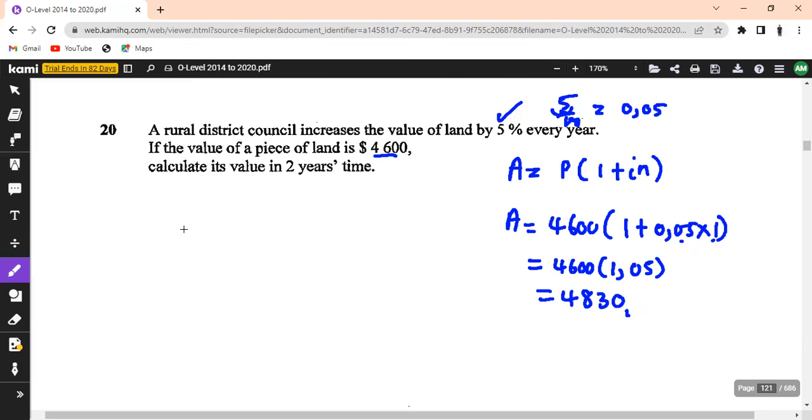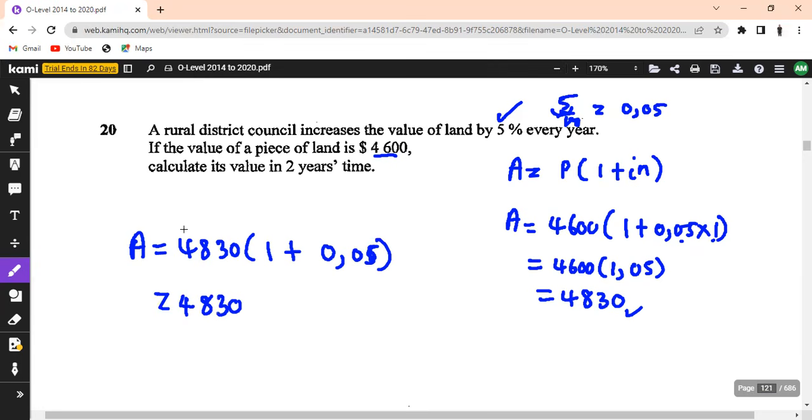But this is for the first year. Then it increases again. So this is now your new principal, which is 4,830, plus again the interest that you are given, 0,05 times 1, because it's now for the other year. So it's going to be the same as what we obtained. So it's 4,830 multiplied by 1,05.